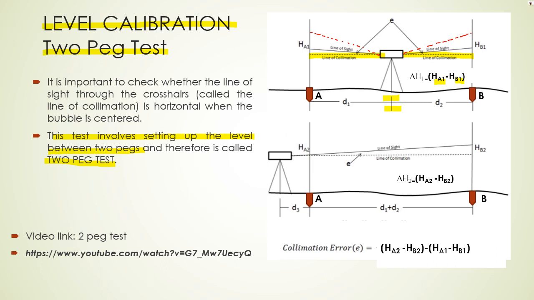In that case, the readings are HA1 plus the error and HB1 plus the error. The height difference is still the same as HA1 minus HB1.